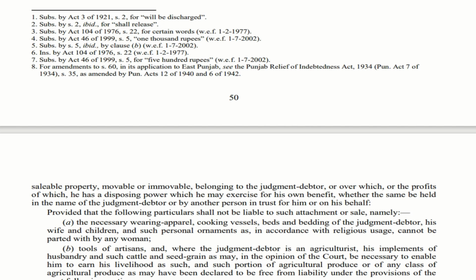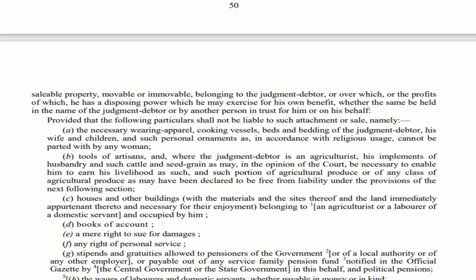The important point is it can be in the name of the judgment debtor or any other person, for example the wife, the father, or the mother of the judgment debtor. In all these cases the property can be attached. There are certain properties which cannot be attached, and they can ask questions from this section.